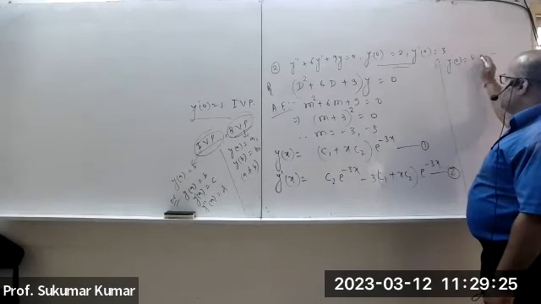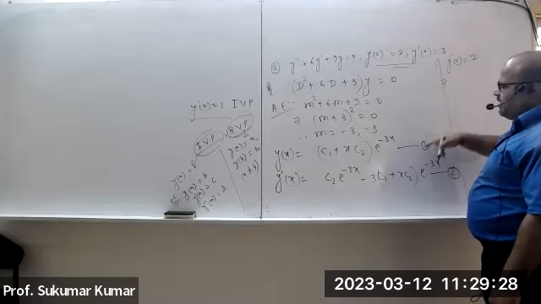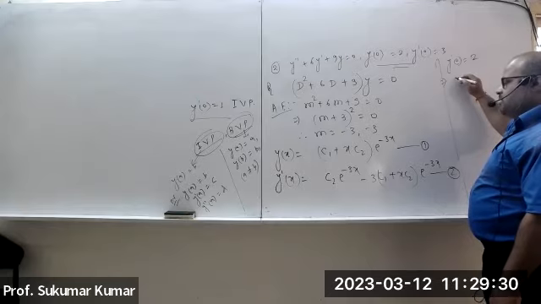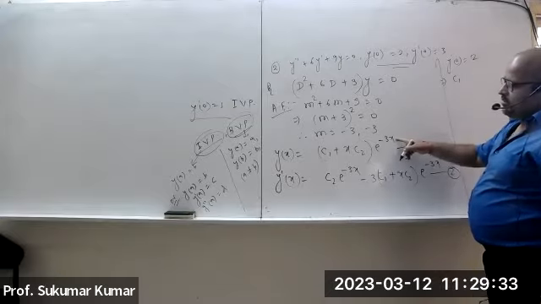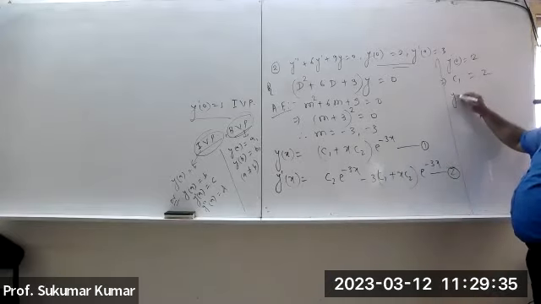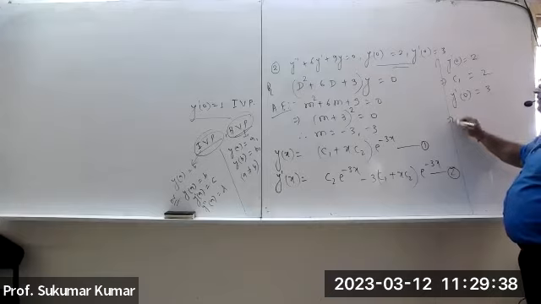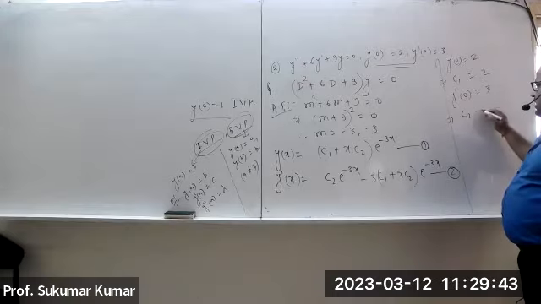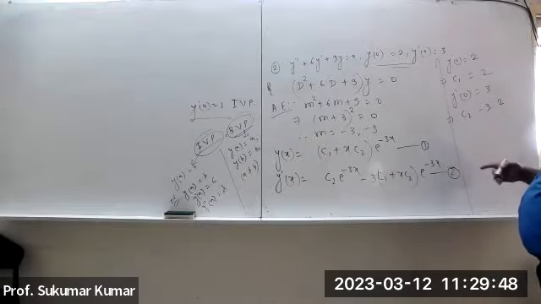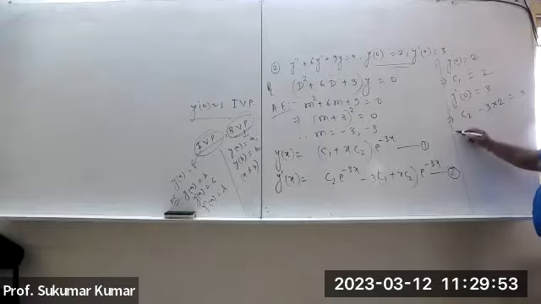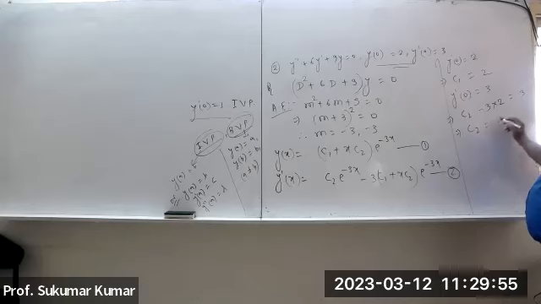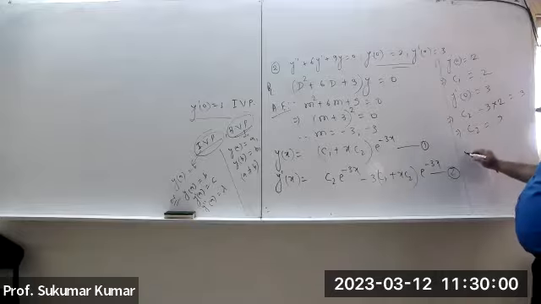Y of 0 equal to 2 is given. So by the first equation, y of 0 means c1, so c1 equals 2. Y dash of 0 equal to 3 is given. So y dash at 0 gives c2, and minus 3 c1, with c1 equal to 2, c2 comes. Then substituting, c1 and c2 you put there.